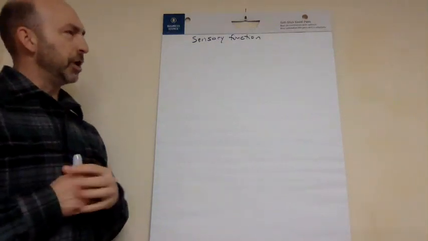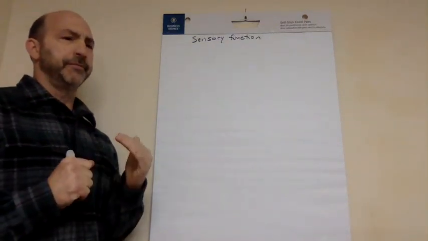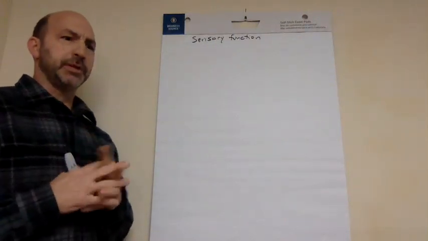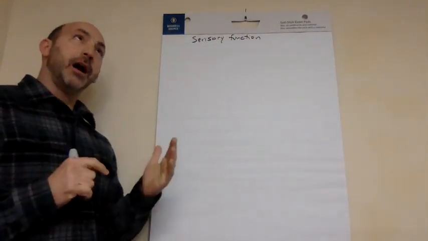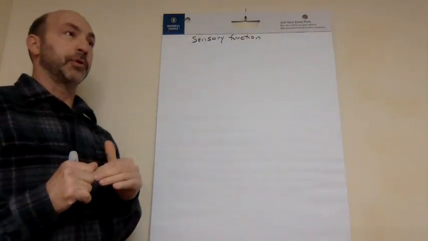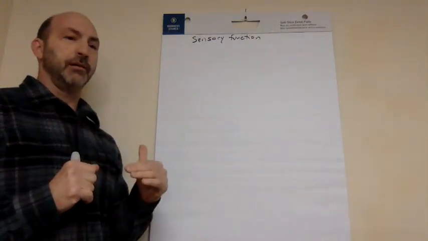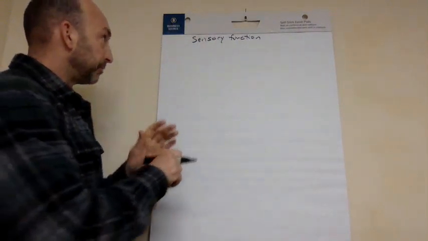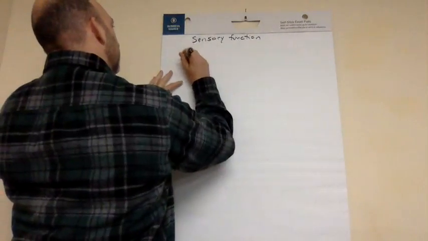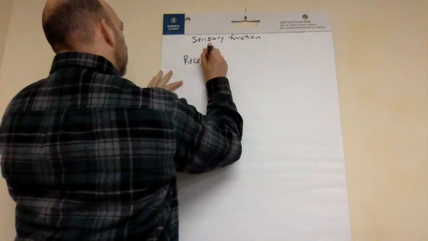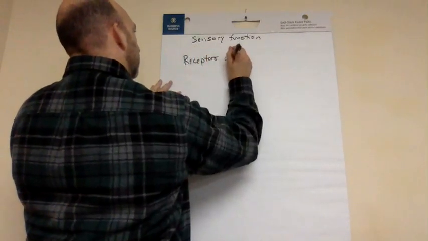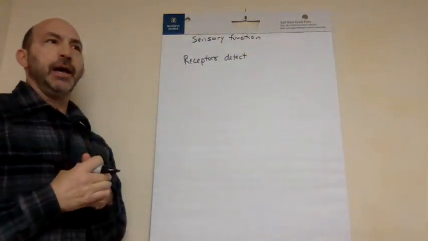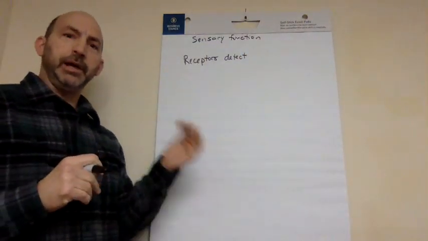So let's go through some general principles of sensory information, and we already know that it requires receptors. And oftentimes, but not always, those receptors are neurons themselves. They detect stimuli, and that can be environmental stimuli or it could be internal stimuli.